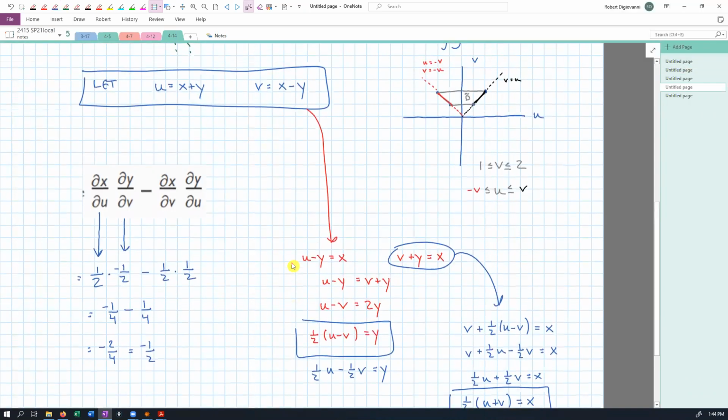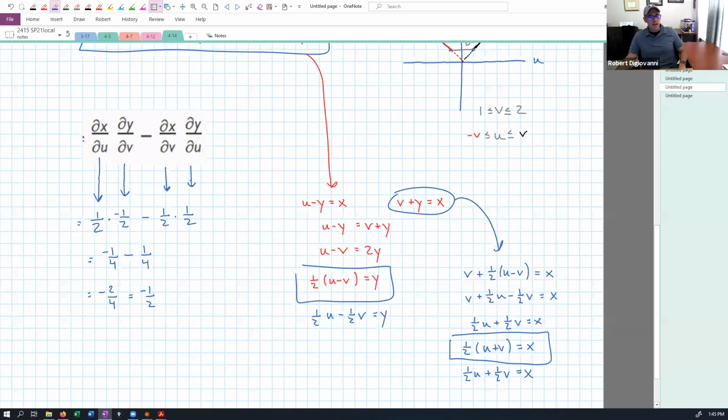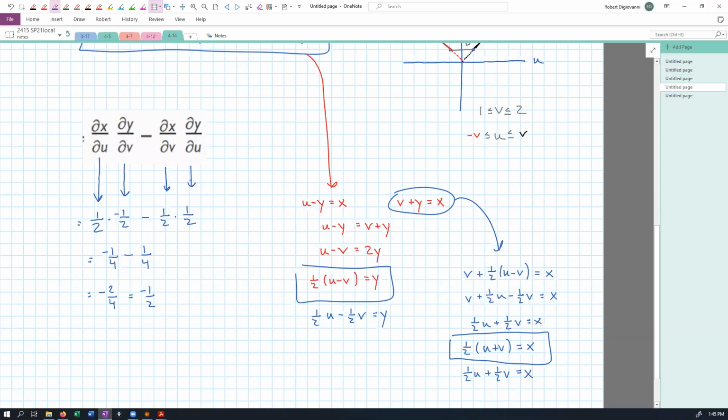I have a question. Yes. Will all linear transformations make the Jacobian just go to some constant? I think that you can answer that yourself. Think about it. I feel like it would, because in each of these cases, the partials are just going to be a number. Why?